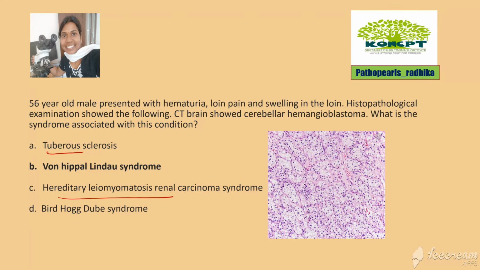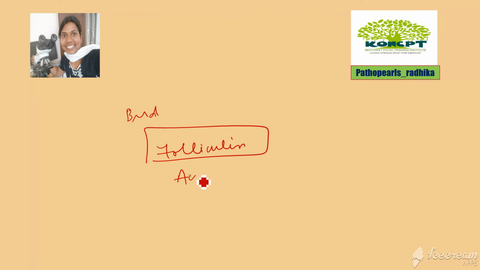And the last syndrome is Birt-Hogg-Dubé syndrome. Birt-Hogg-Dubé syndrome is associated with mutation in the folliculin gene. This is associated with multiple skin tumors like acrochordon. Acrochordon means skin tags. You can have trichodiscomas, which are adnexal skin tumors.